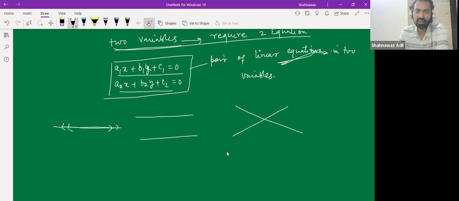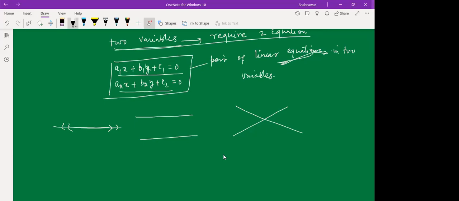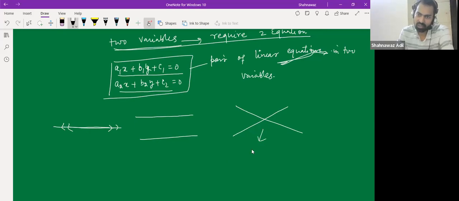So these are the three scenarios possible. Is there any other possibility with the two lines? No. Right. So this one would be intersecting, this one is parallel, and this one is coincident.